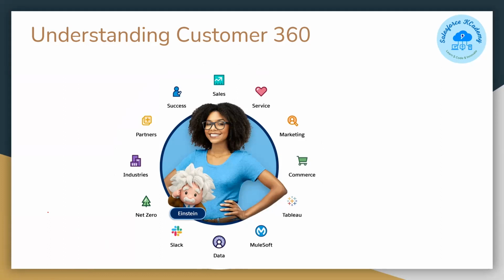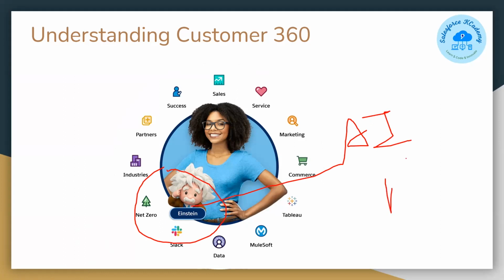Success, Partners and Industry are also features provided by Salesforce. And in between, you see Einstein, right? Einstein means AI. Even AI is now a part of Salesforce, which is going to create huge numbers of jobs for AI professionals and developers in the Salesforce market.